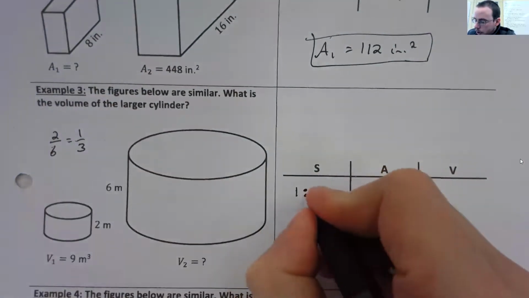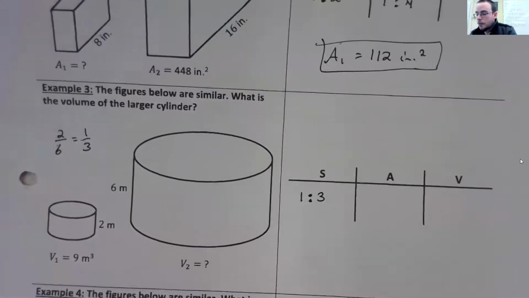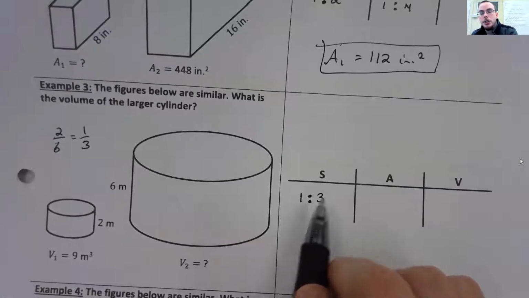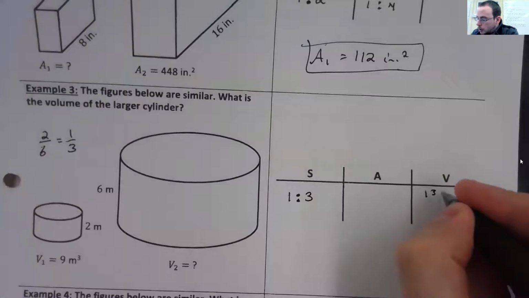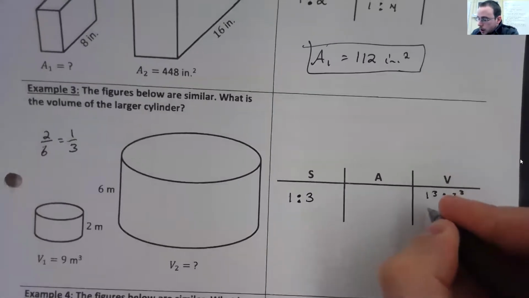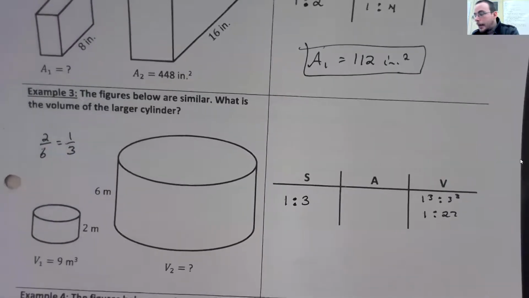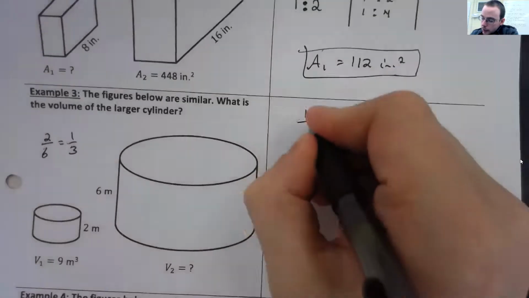So our side ratio is 1 to 3. Now we want the volume. Remember, to get from the side ratio to the volume, we have to cube this. So we do 1 cubed to 3 cubed, which gives us 1 to 27.